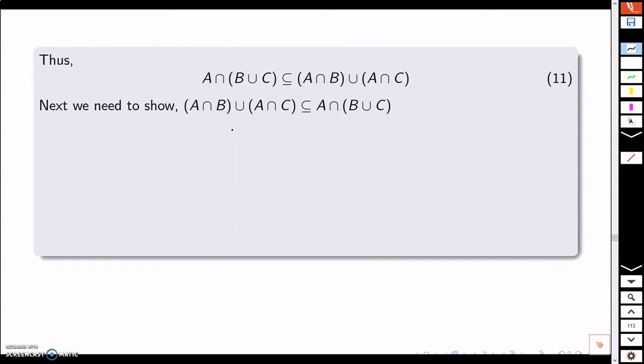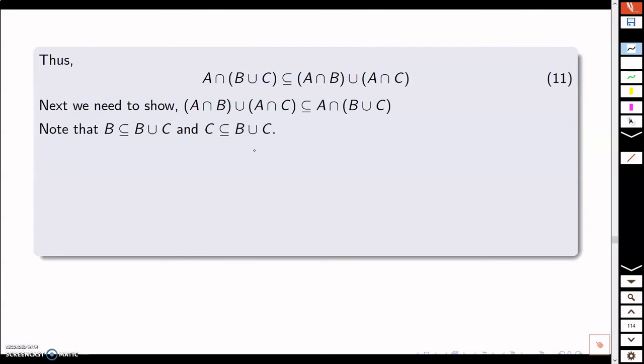Now we need to prove the opposite: (A intersection B) union (A intersection C) is a subset of A intersection (B union C). Again, you can do it in the standard way by taking a point here and showing that it is in this side, but I'll use a different way. Now we know that B is always a subset of B union C and C is always a subset of B union C, a basic result in set theory that you all have learned in the lower classes. Now I will intersect A on both the sides.